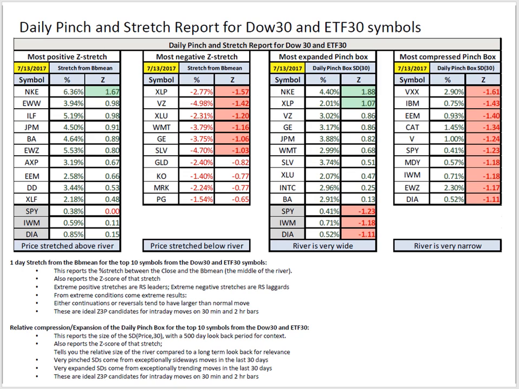Now, when we shift to our new daily pinch and stretch report for the Dow 30 and the ETF 30 symbols, there are 4 different things that I'm looking for. I'm going to start on the right-hand side and talk about the pinch boxes.